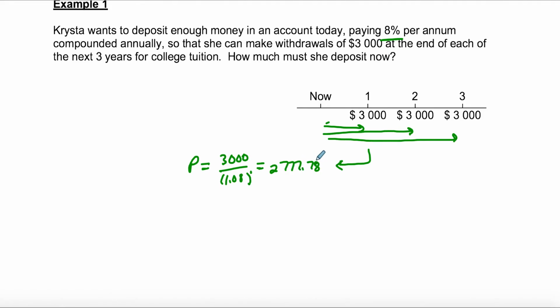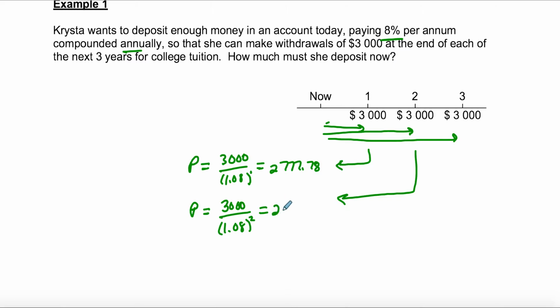What that is saying is, if she wanted to have $3,000 at the end of 1 year, she'd only have to deposit $2,777, because after a year, the extra interest she's making would bring it up to $3,000. So we have to do these each separately if we use this formula, which obviously is not going to be our main way of doing this. The second year, it's 1 plus the interest to the number of compounding periods. This is just annually, so I didn't have to do many calculations there.